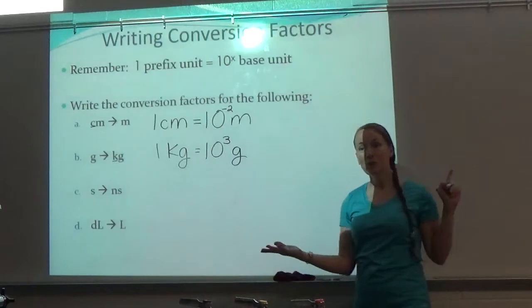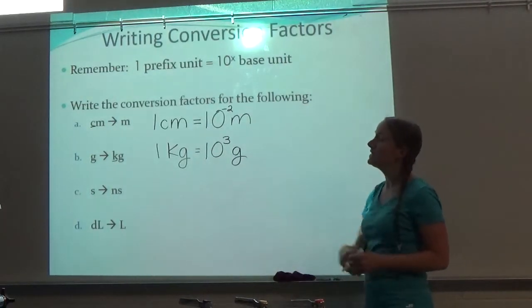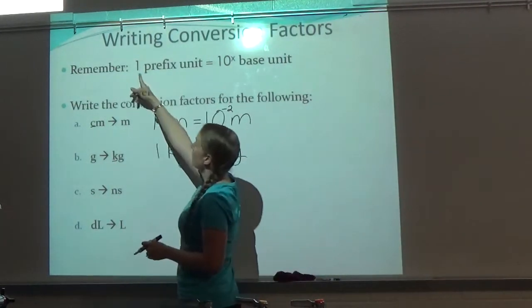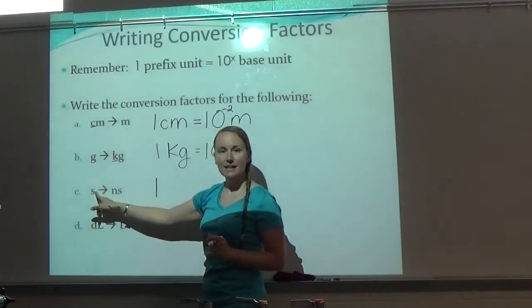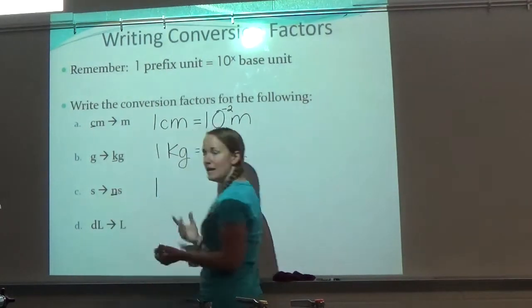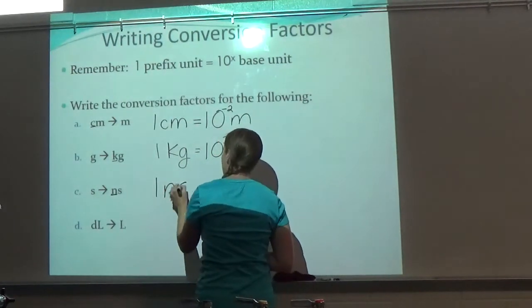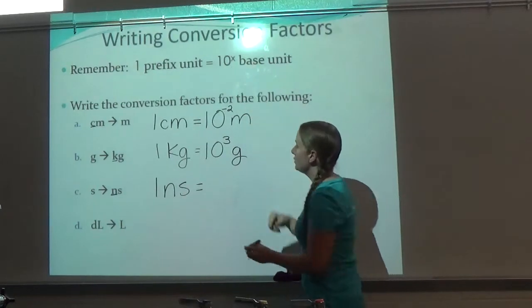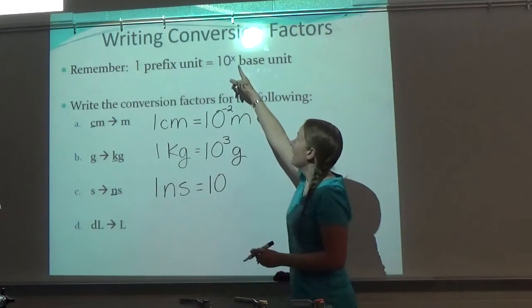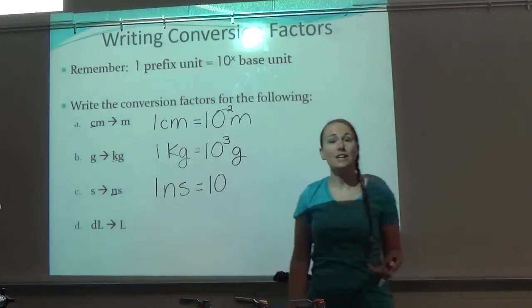I'm going to assume you paused it and tried it on your own, so let's move on to C. Again, I'm going to start with 1 prefix unit. Which one has the prefix, seconds or nanoseconds? Nanoseconds has the prefix. So 1 nanosecond equals 10 to the x base unit. I need to see what my power is for nano.